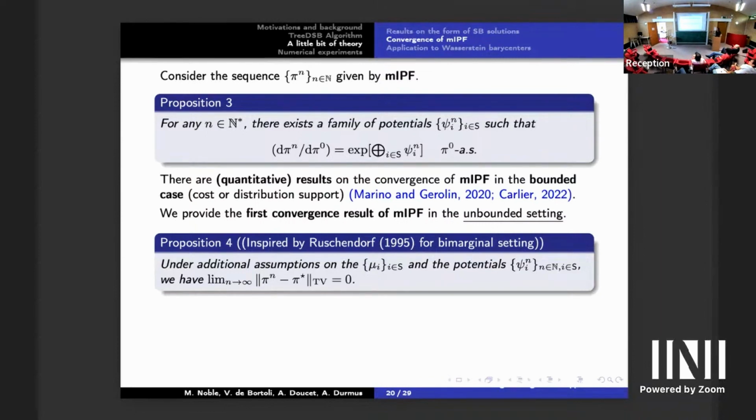People like Carlier have geometric convergence of the IPF, but when they consider bounded cost. So this is not good because we have a quadratic cost. But other results like Rüschendorf didn't have any quantitative results, but at least they had convergence.